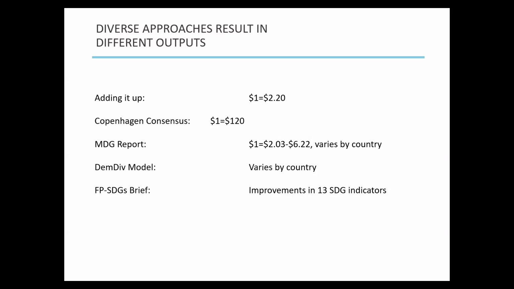The Copenhagen consensus was done across all developing regions. I showed you that the MDG report was done by country. The demographic dividend model is done specifically in country. The family planning SDGs model also is being done through a country application.